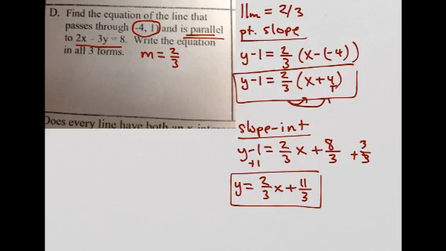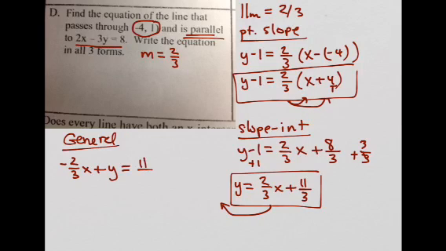Okay, so now for general, I'm going to move this 2/3 x over to this side, so it becomes negative 2/3 x plus y is 11/3. Multiplied by 3. So then I get negative 2x plus 3y equals 11.